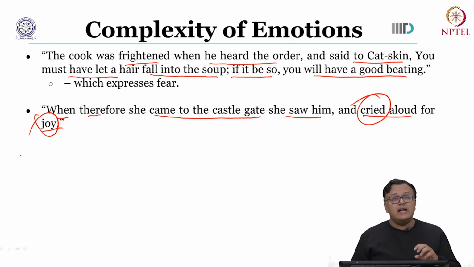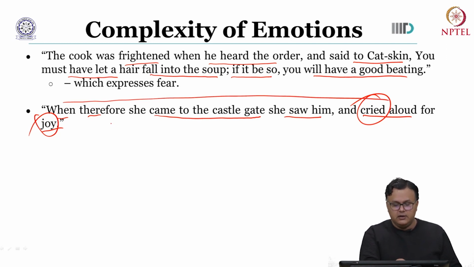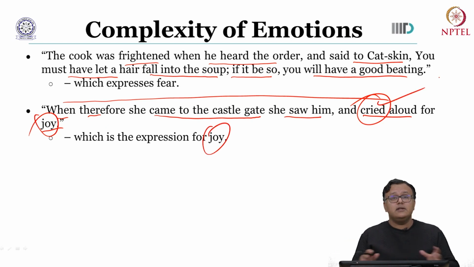We can only understand the meaning in terms of emotion when we look at the whole statement and the semantic meaning of it, right? So this statement actually is an expression of joy, even though the word cried is there in the statement, right? So this actually reflects how complex emotion representation through text can be.